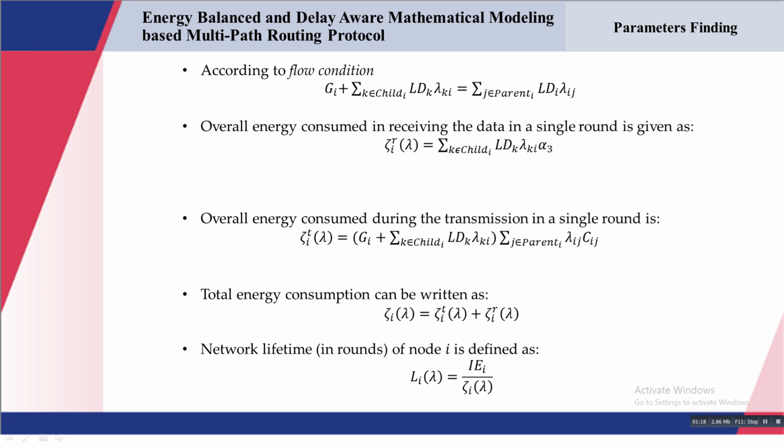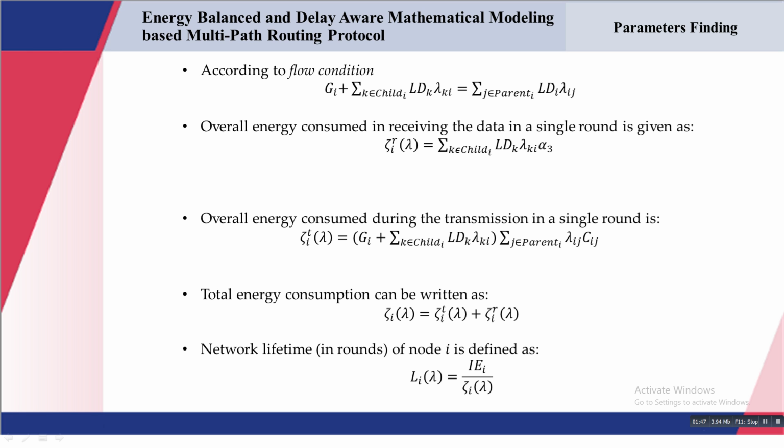So guys, as we know, incoming data on a particular node should be transferred completely towards its parent node, and the flow condition says the same. The first equation is representing the flow condition. What this equation says: gi is representing the generated data, that is the data which is sensed by the ith node.